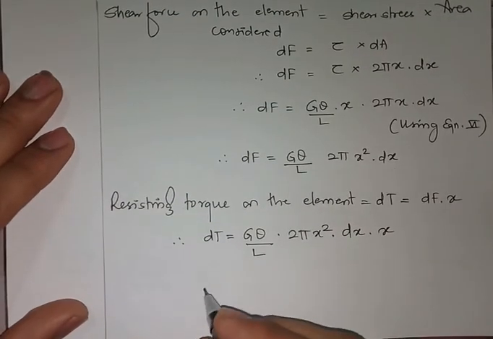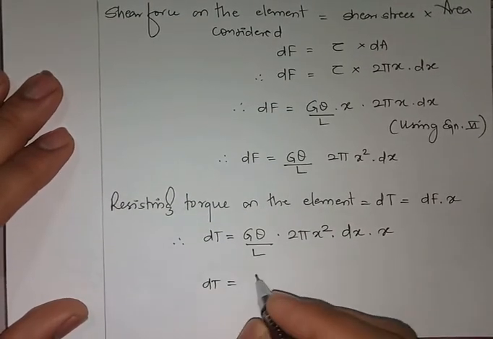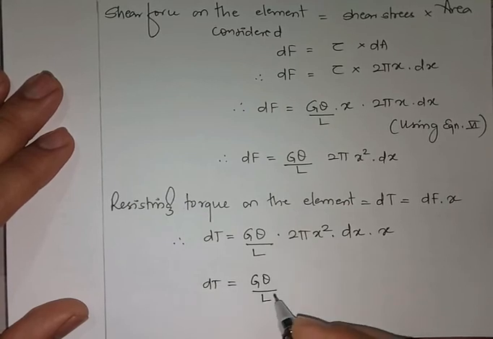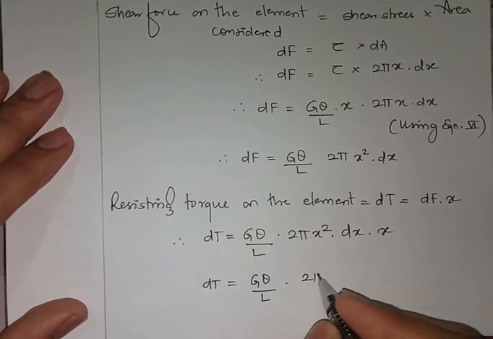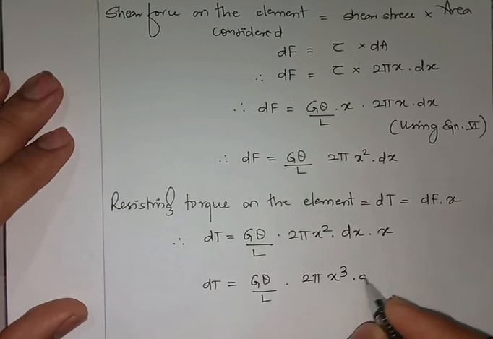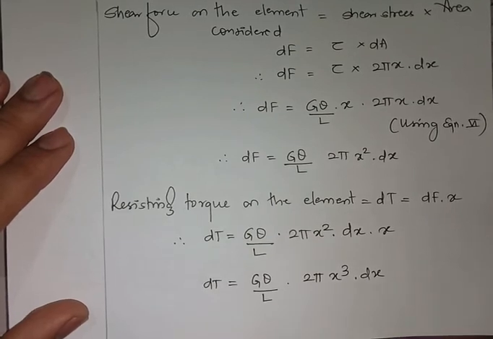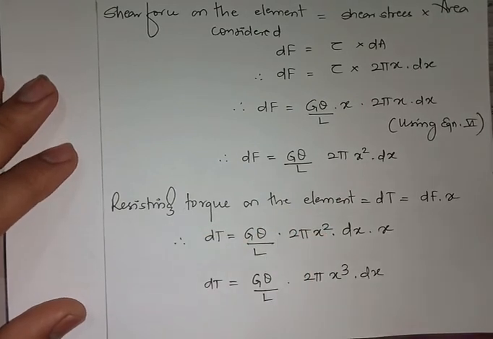One more step of simplification: dT is equal to G theta divided by L into 2 pi x cube into dx. So this is the resisting torque on the element.